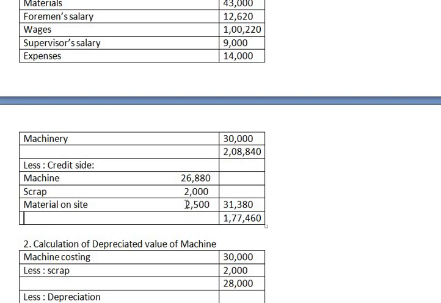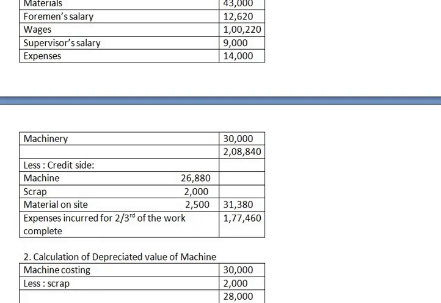This is nothing but expenses incurred for 2/3 of the work completed. Why 2/3 have we taken?